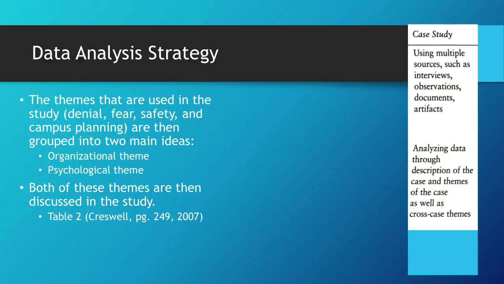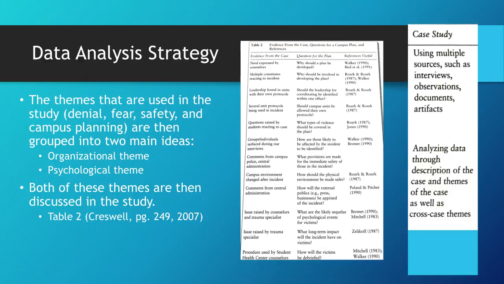And then basically what both authors do is reorganize those main ideas into two main ideals of organizational themes and psychological themes. Both of these are brought forth through this table where you can see the evidence for the case, the questions for the plan, and how these themes are discussed.